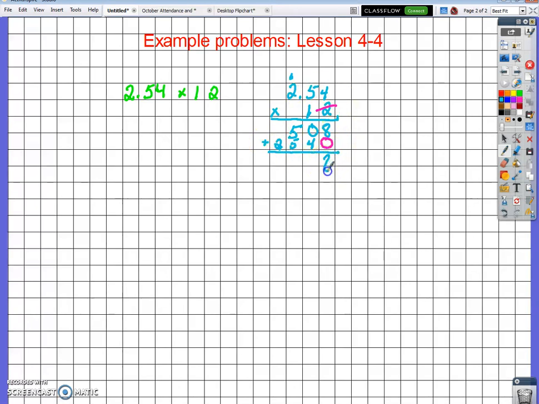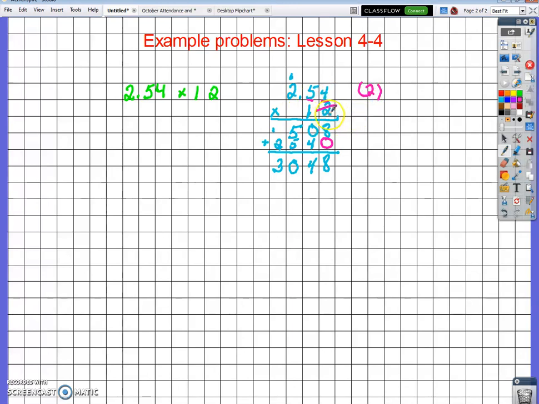So 8 and 0 is 8. 4 and 0 is 4. 5 and 5 is 10. Carry my 1. 2 and 1 is 3. And I'm not quite done just yet. What I want to look at now, again, is we go up here. Let me change colors here. And I say, well, there are 2 digits after the decimal in that number.